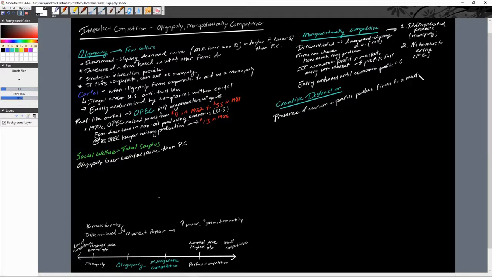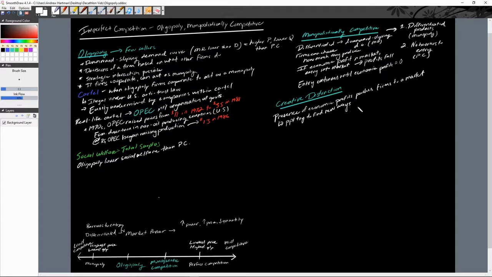But because of this, we also have self-interested people, firms, or individuals who want to create new ways to find economic profits. So people try to find new ways to create economic profits.